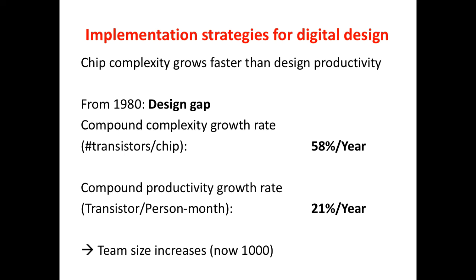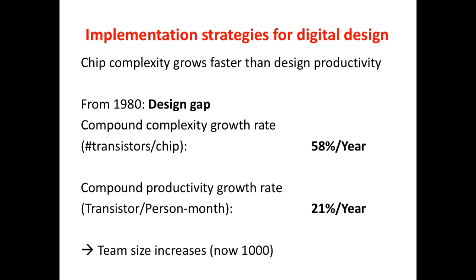For example, the compound complexity growth rate, which is the average increase of the numbers of transistors per chip, has been of about 58% per year. Actually, it has not been constant, but looking at the approximate compound growth, it is that number, 58% per year.